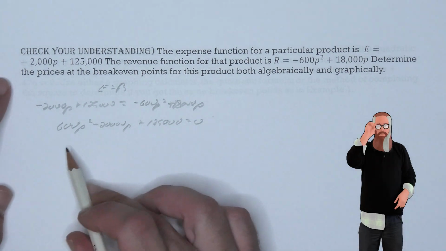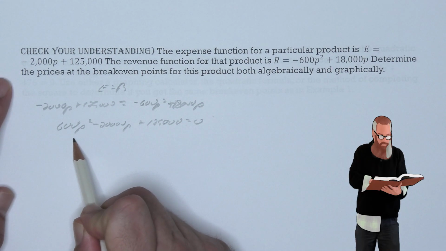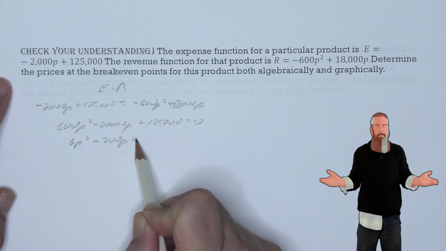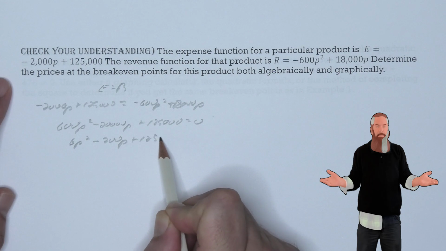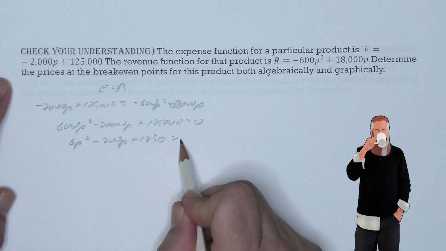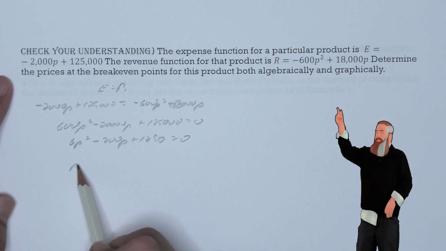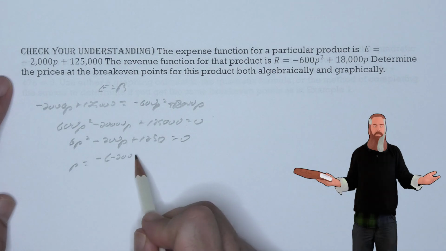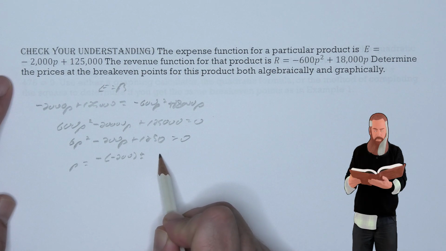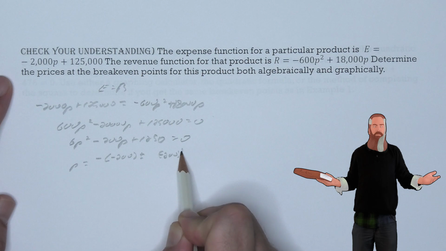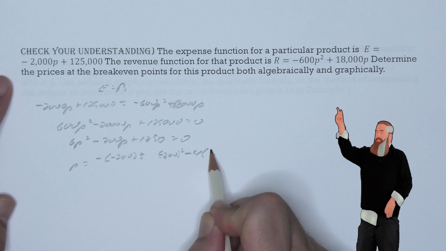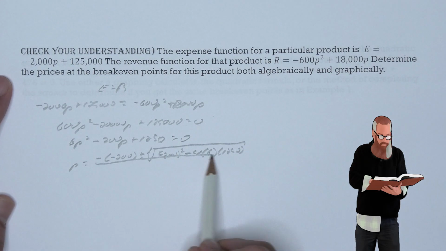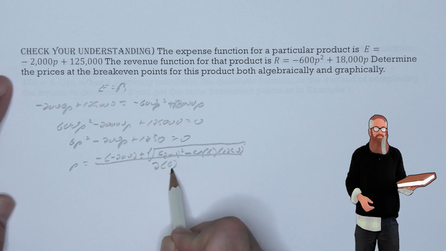I can make all of these numbers smaller by dividing by 100 to get 6p squared minus 200p plus 1250, and that's equal to 0. So p will be equal to negative times negative 200 plus or minus the square root of negative 200 squared minus 4 times 6 times 1250, all square rooted, all over 2 times 6.